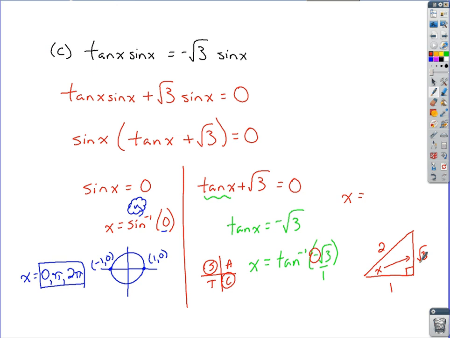X is opposite root 3. So x would have to be 60 degrees. If it's 60 degrees as a radian measure, we're talking pi over 3. But we can't use pi over 3 because that's in the first quadrant. Therefore, we need the pi over 3 value from the second. That would be 2 pi over 3. And we need it from the fourth as well. That would be 5 pi over 3. So for this example, we've got 5 possible solutions for what x could be.